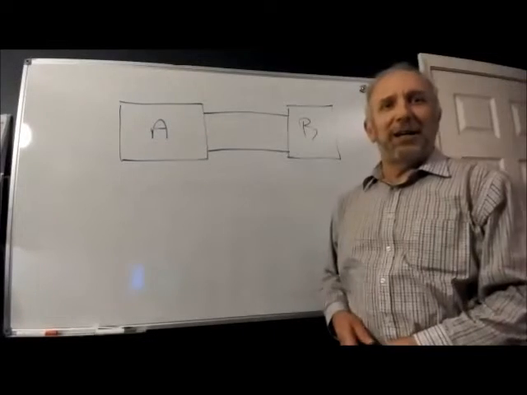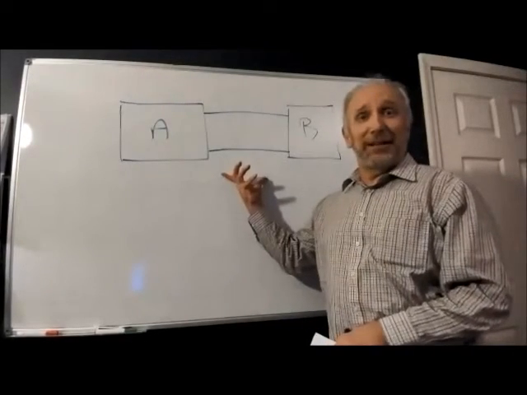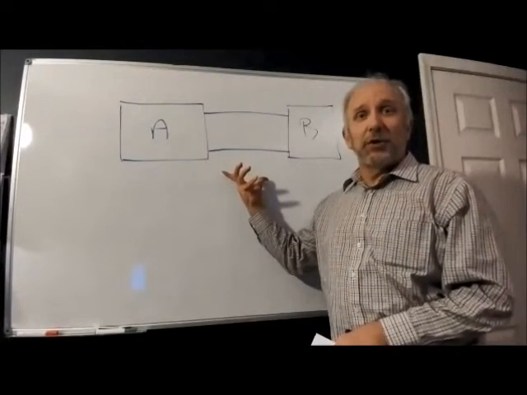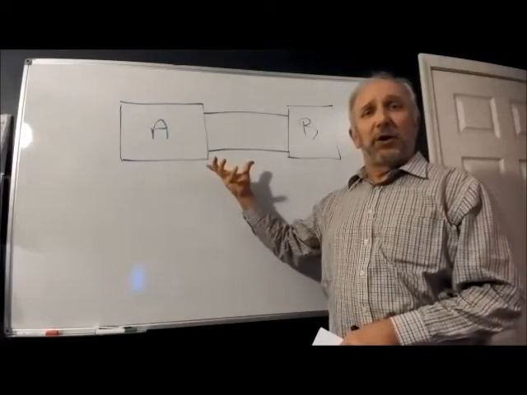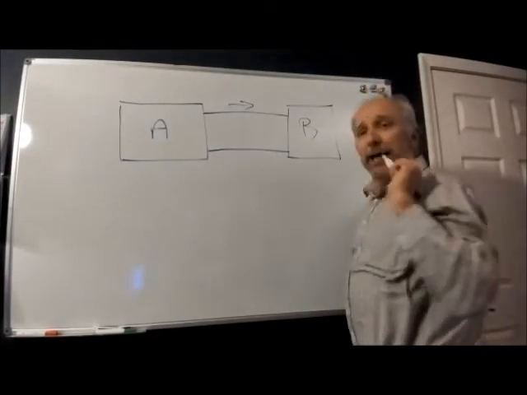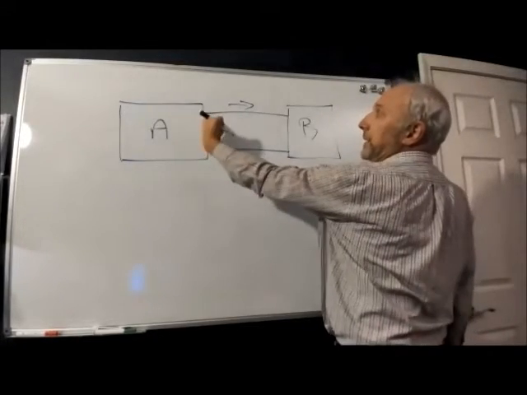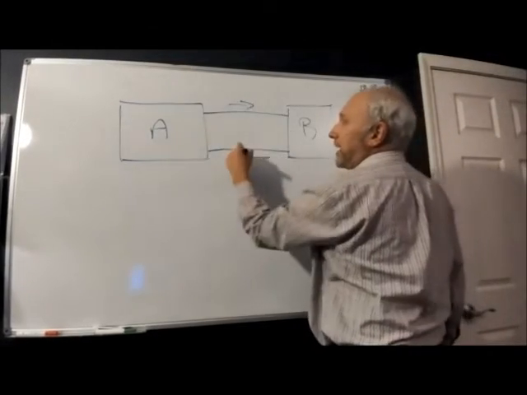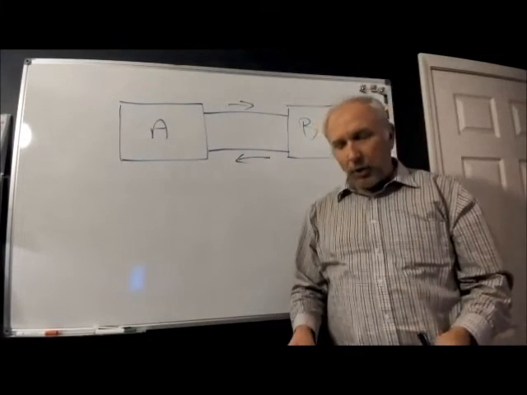Not a whole lot. All it says is this is what the designer hopes is taking place: energy, or differential mode current, flowing in this direction, source, and a return.